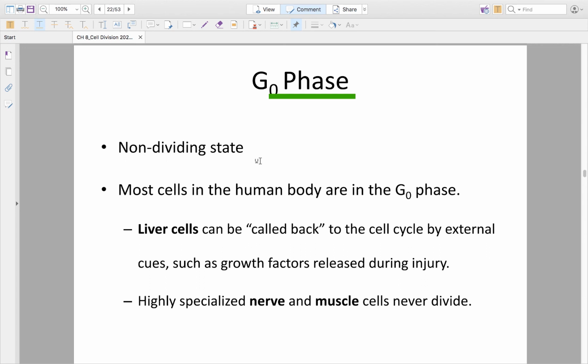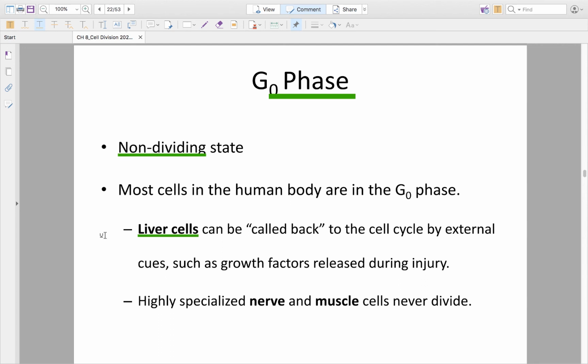Now, there's some cells in our body that stay in G0, which is a non-dividing state. Okay. So liver cells stay in there. They can be called back to the cycle by growth factors and things like that when there's injury, but they really don't replicate often.